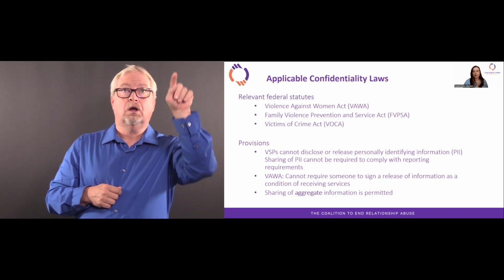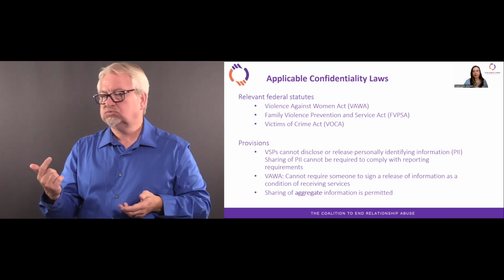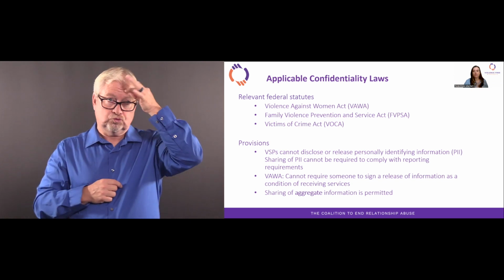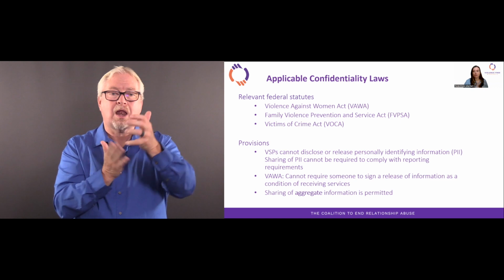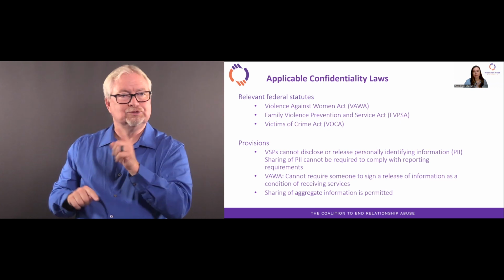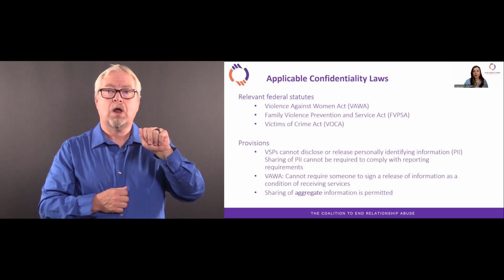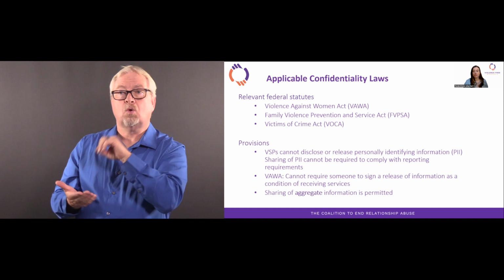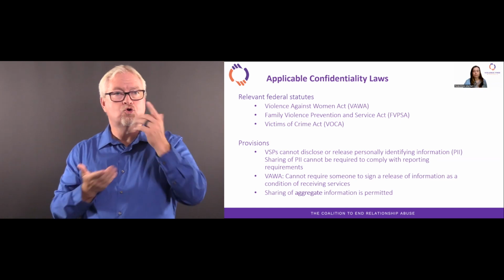Funders cannot require VSPs to share any personally identifying information or PII to comply with federal, tribal, or state reporting, evaluation, or data collection requirements. VAWA also prohibits requiring anyone to sign a release of information as a condition of receiving services.